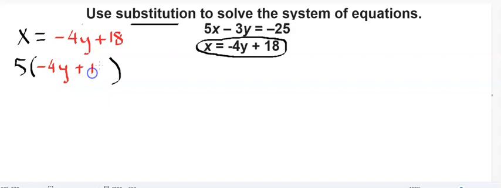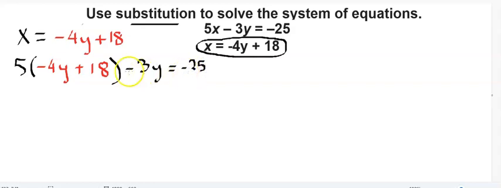So all I'm doing here is substituting the negative 4y plus 18 into the x in the first equation, and I'm going to continue with minus 3y equal negative 25.